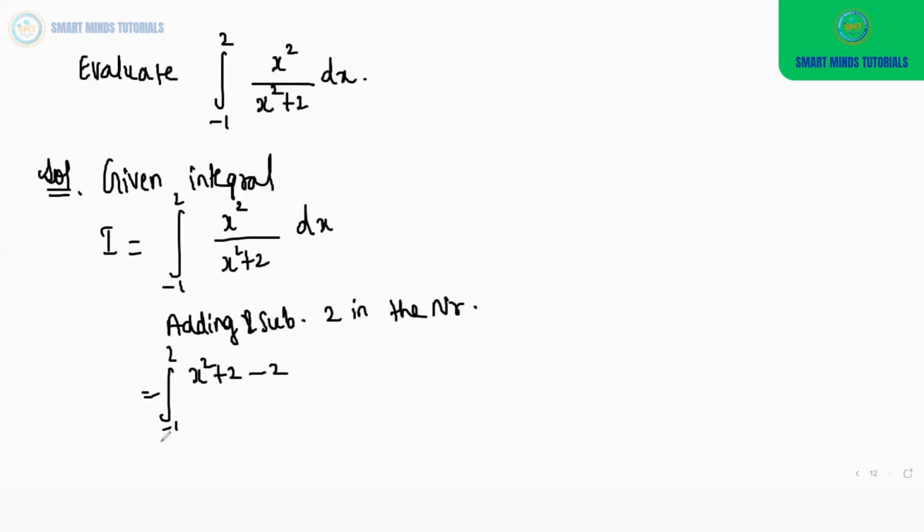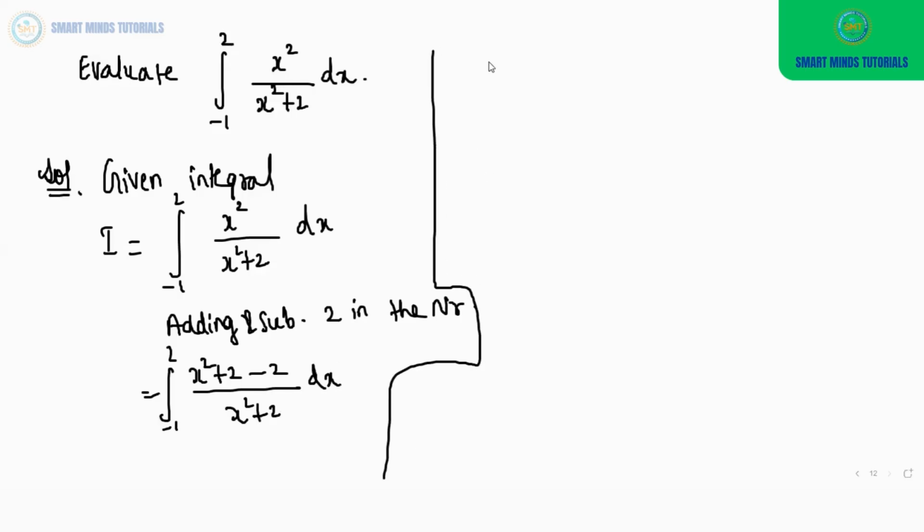I am adding and subtracting 2, over x square plus 2 dx. Now I will separate. Integral minus 1 to 2 of x square plus 2 by x square plus 2 dx minus integral minus 1 to 2 of 2 by x square plus 2 dx.